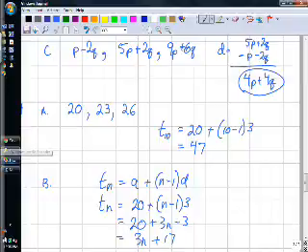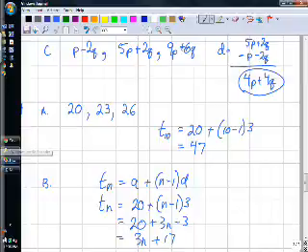The last term is negative 2. The first term is 16. N is 1, 2, 3, 4, 5, 6, 7. And I don't know the common difference. Once I know that, I'll be able to do everything else. So, a little simplifying.